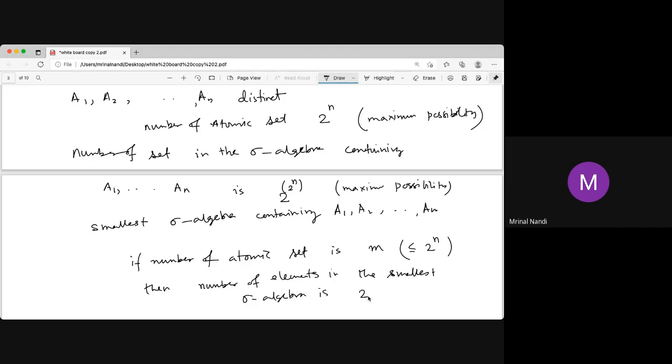It is 2 to the power m. That is always true. So if you have m many atomic sets, then 2 to the power m many sets you can construct for that, taking unions.